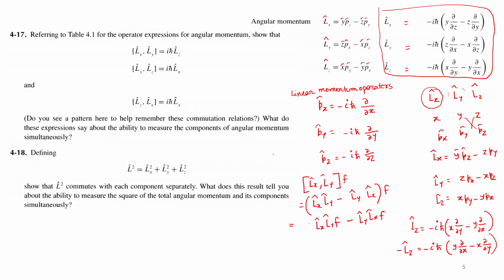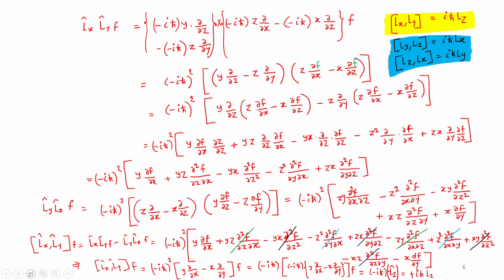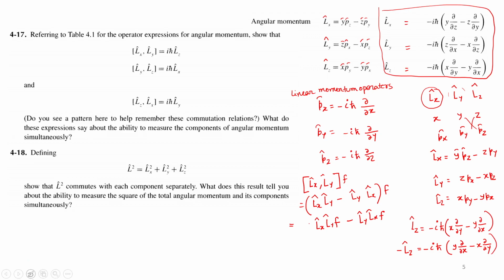You remember that when x and px did not commute for a particle in a box, that's why x and px cannot be measured simultaneously.